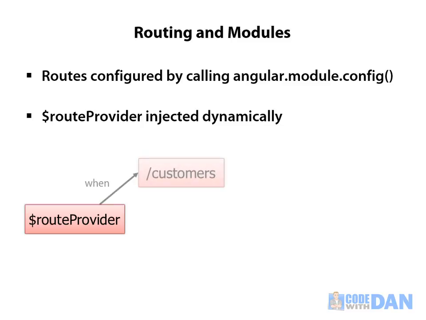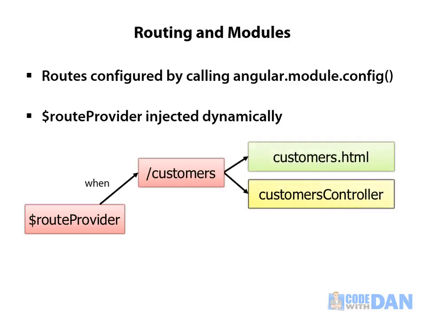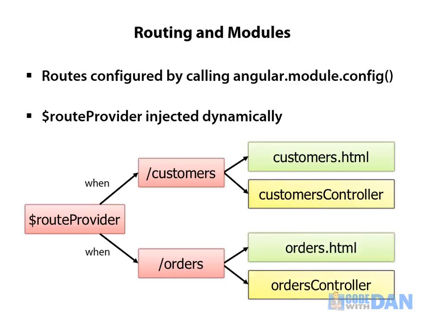So for instance, when we go to /customers, that might load the customers HTML view and customers controller. Whereas when we go to /orders for the path, that might load orders.html and the orders controller. So it's actually very simple to get started with, and that's what we're going to be looking at in the sections that follow in this module.